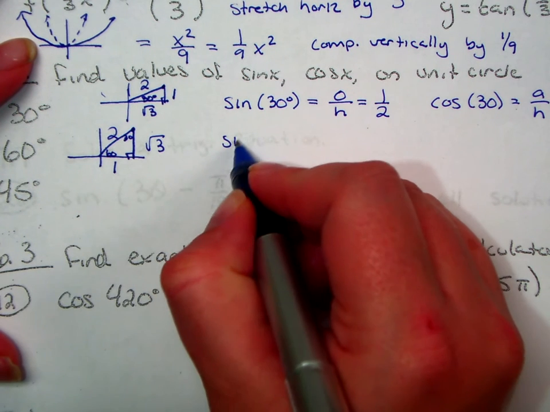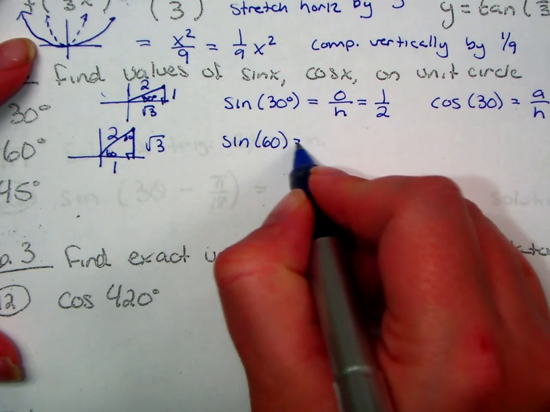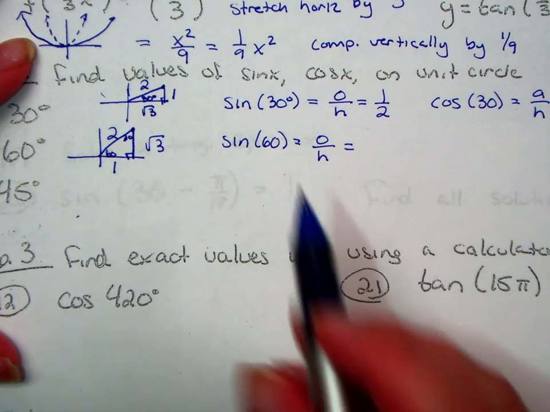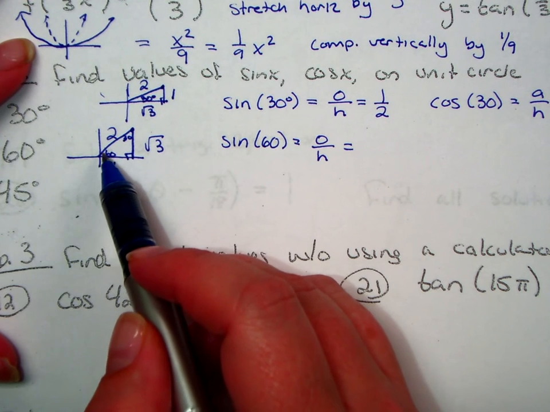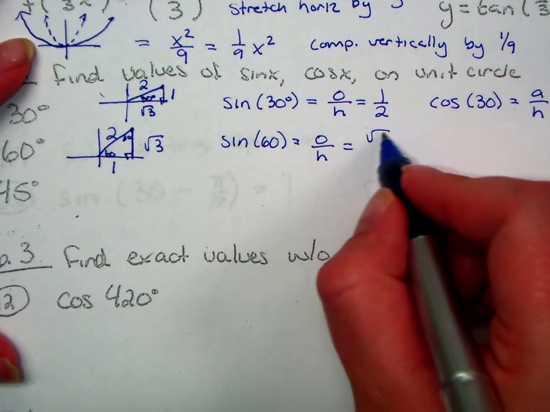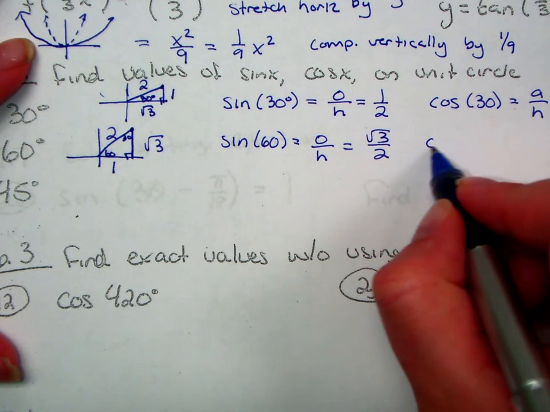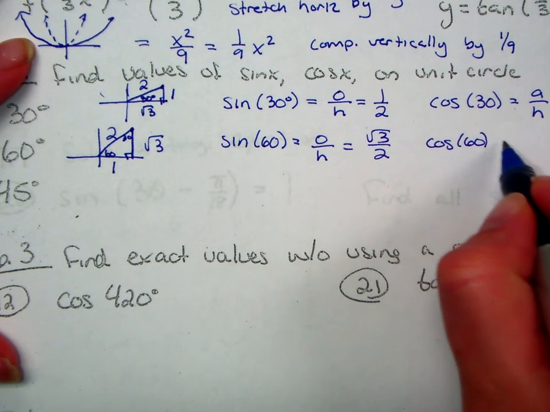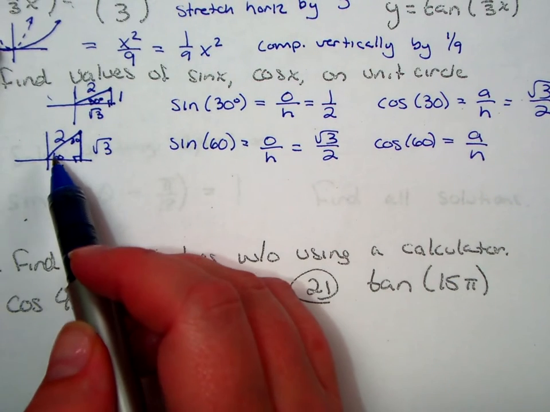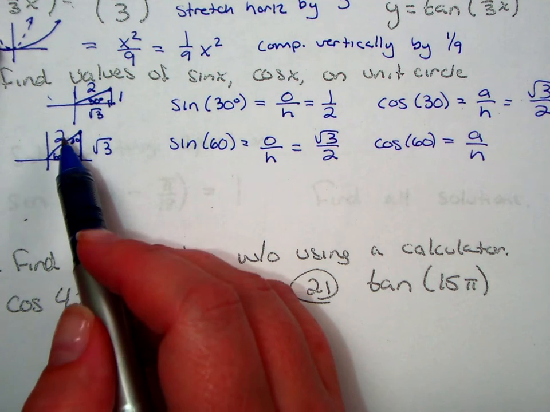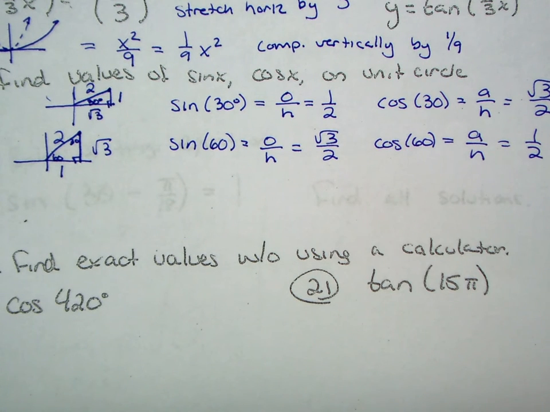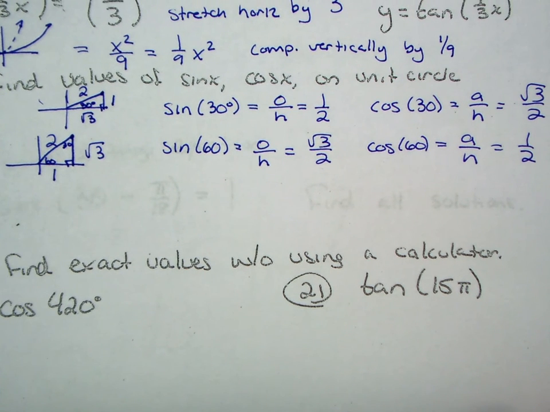So sine of 60, sine is still opposite over hypotenuse. For the 60 degree angle, the opposite is rad 3 and the hypotenuse is 2. Cosine of 60 is still adjacent over hypotenuse, so the adjacent side of 60 degrees is 1, the hypotenuse 2. So we get the sine and cosine values for 30 and 60.